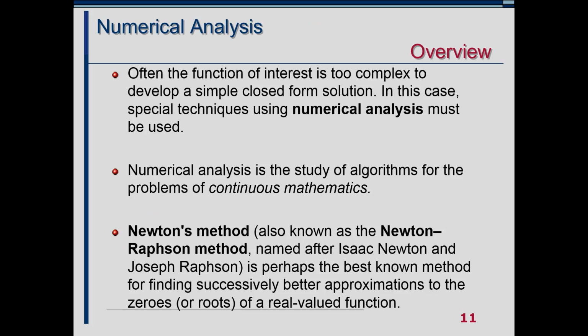One of the most famous examples of this, used probably more than any other numerical analysis technique even to this day, and one of the first examples, is called Newton's method. It's also known as the Newton-Raphson method, named after Isaac Newton and Joseph Raphson. It is perhaps the best known method for finding successively better approximations to zeros or roots of a real-valued function.